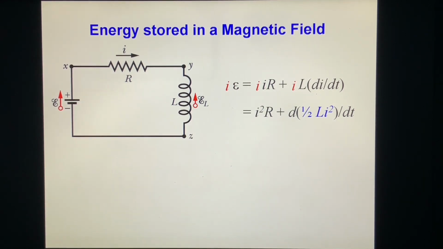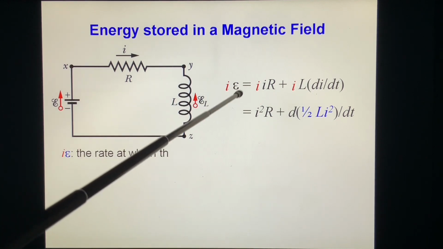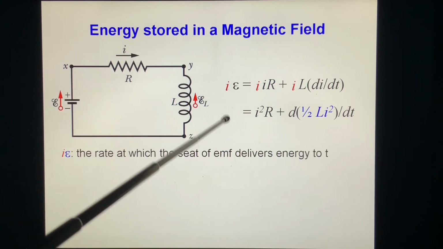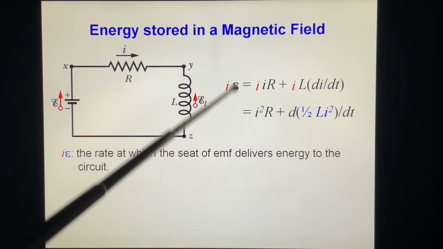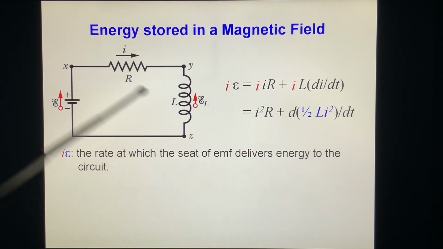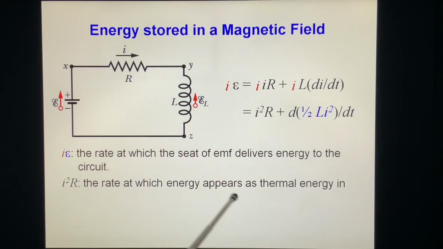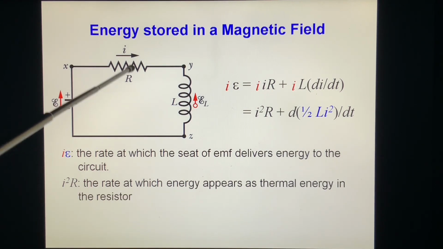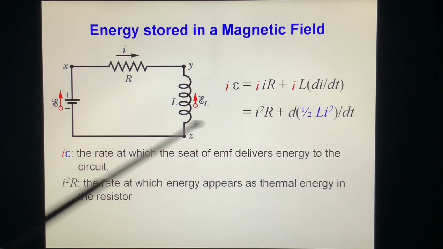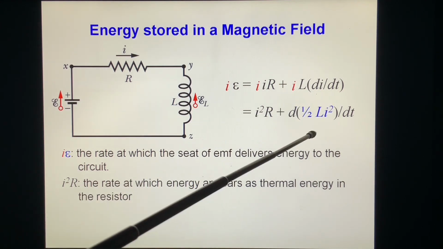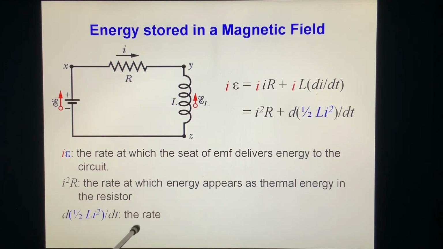Now let's look at the physical meaning. I epsilon is the rate, the power, at which the source of electromotive force delivers energy to the circuit. I squared R is the rate at which energy appears as thermal energy in the resistor. And d of half L I squared over dt is the rate at which energy is stored in the magnetic field in this coil.